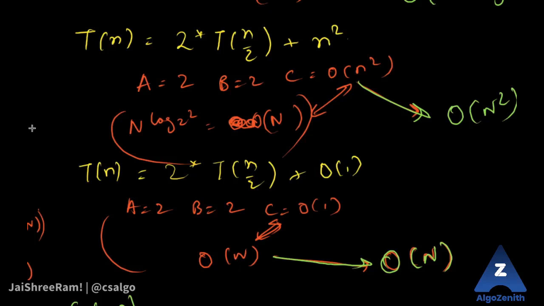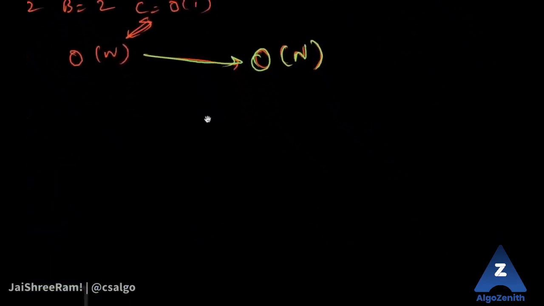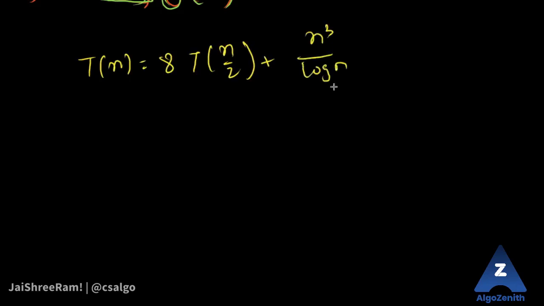So that's there. Now let's look at one more problem, which is pretty interesting. Let's say you have something like this: T of n is equal to 8 times T of n by 2 plus n cube by log n. Now how do you apply Master theorem to this?